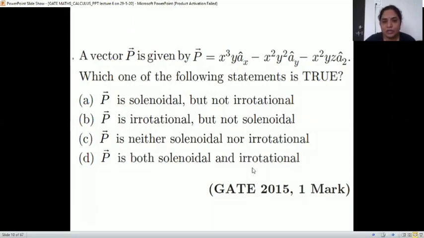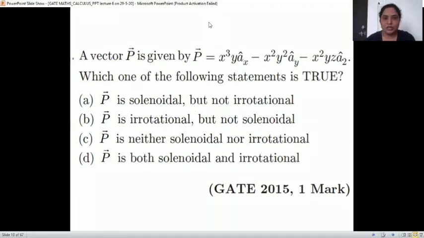So can anyone please tell me what is a solenoidal field and what is an irrotational field? Please unmute and tell me when we call the vector field solenoidal and when we call it irrotational. Anyone?